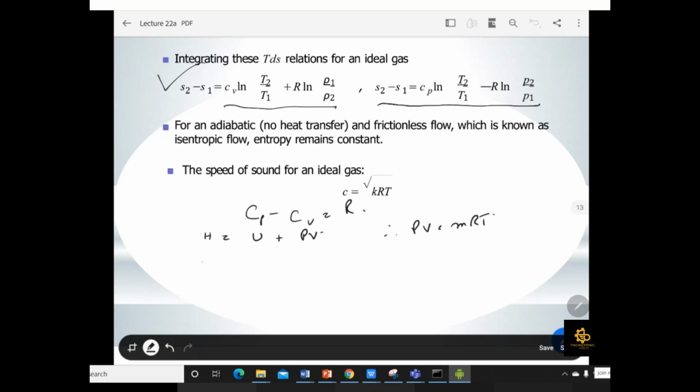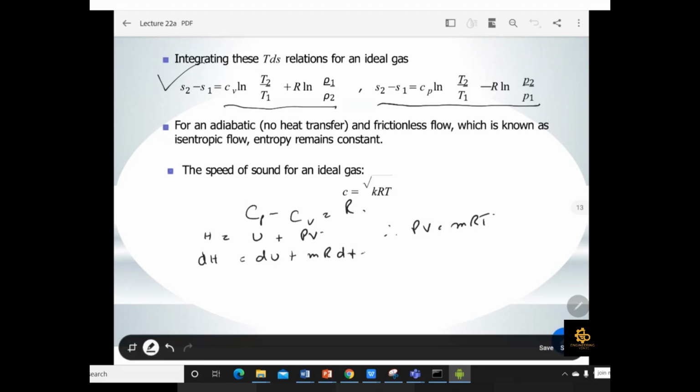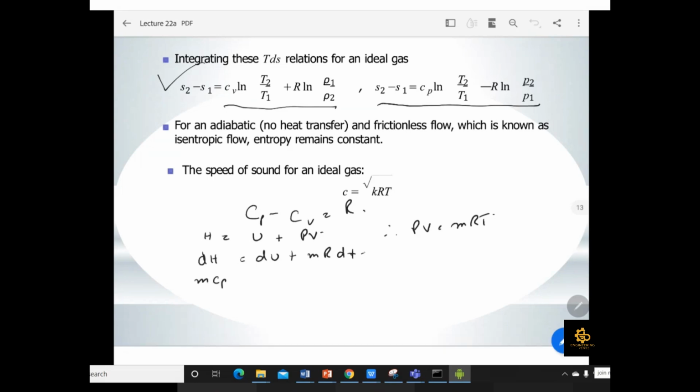And if you differentiate both sides, it will be dH is equal to dU plus mR dT. Now we already know that dH is basically mCp dT and dU is mCv dT plus mR dT.